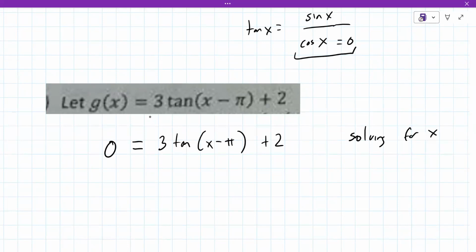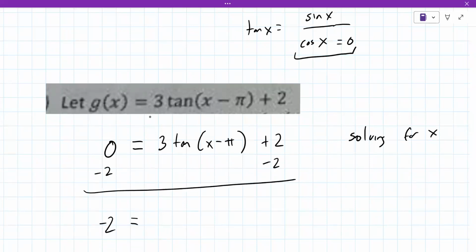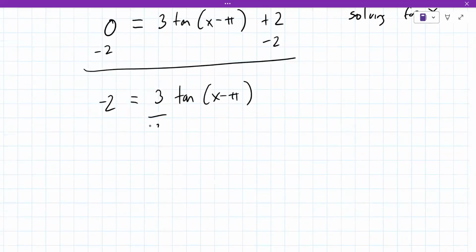So to do that, you subtract 2 from both sides. Minus 2 equals 3 tangent of (x minus pi). Divide by 3. So you have negative 2/3 equals tangent of (x minus pi).